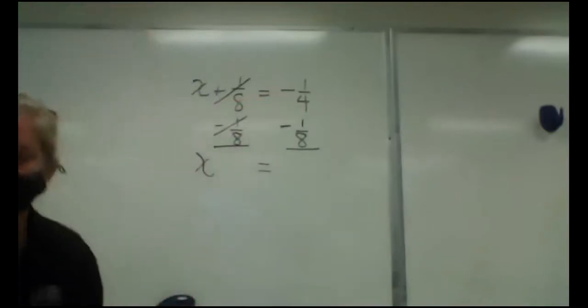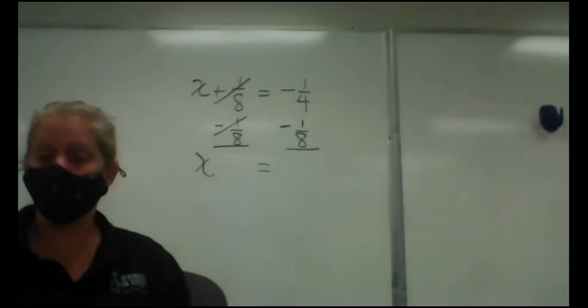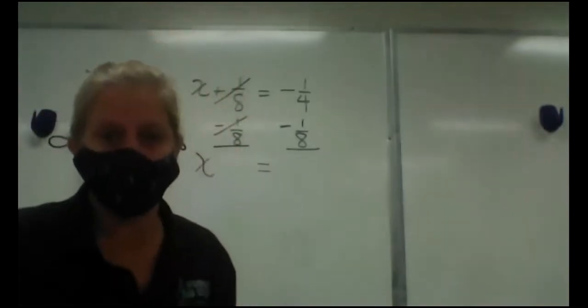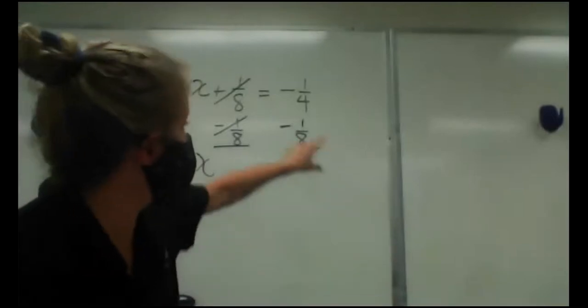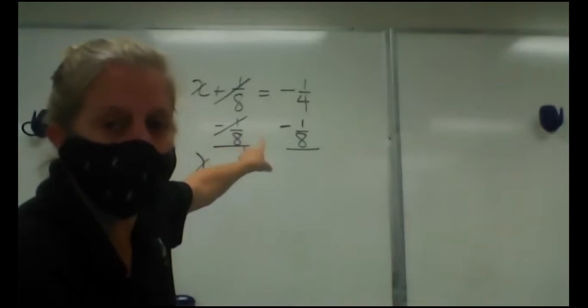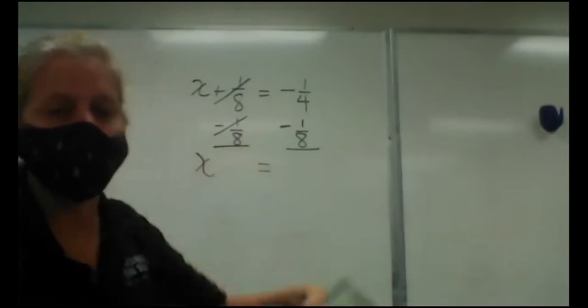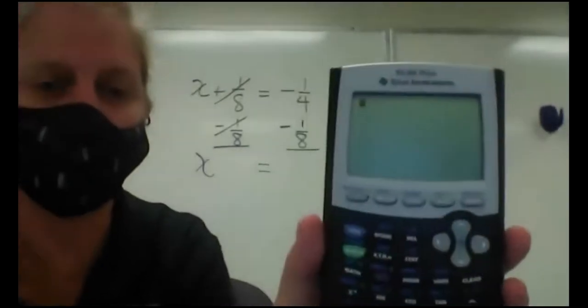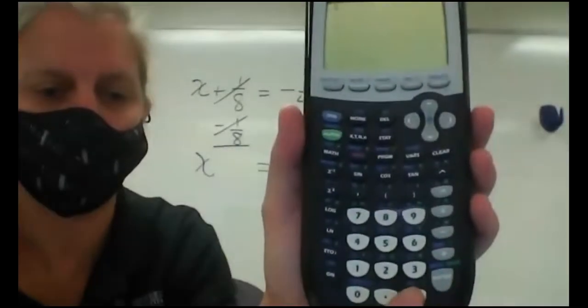Look what your calculator will do. This is what you're going to use your calculator to do probably more than anything else in this class. So what do I want to know? I want to know what -1/4 minus 1/8 is. So if you have this calculator, just type exactly that in. Hit your negative button.